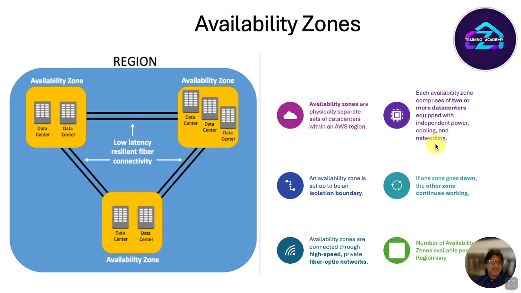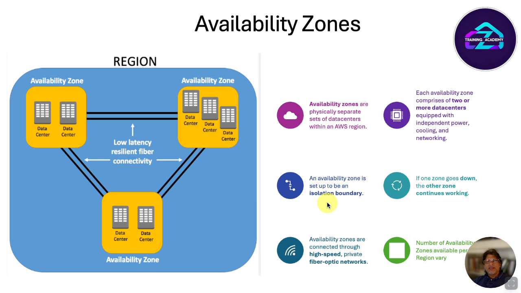To give you the highest possible availability, it has multiple power sources, the cooling is in place, and there's networking in place so that multiple connections are available in case something happens to any part of the network. So an availability zone is set up to be an isolation boundary.